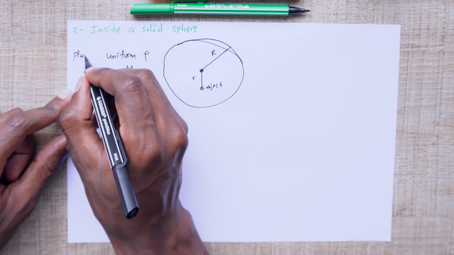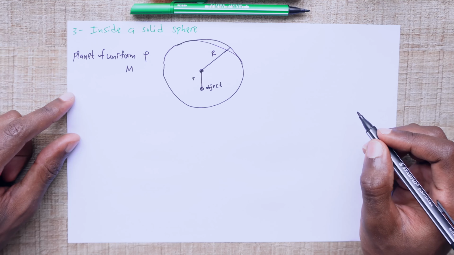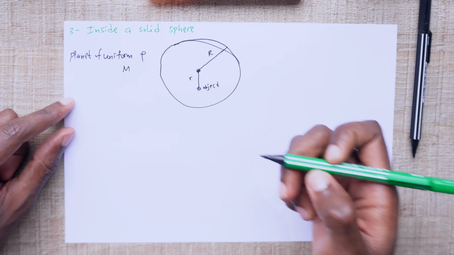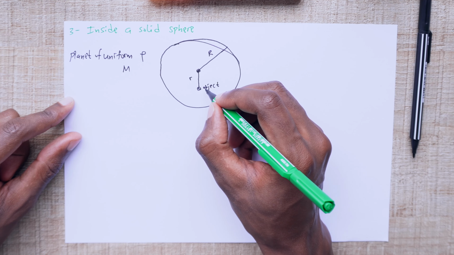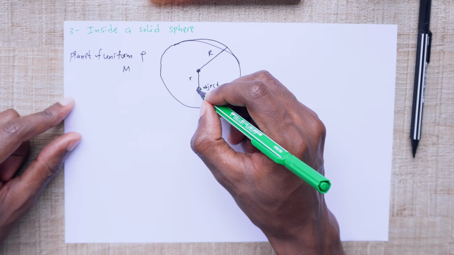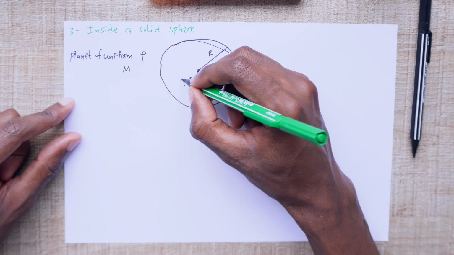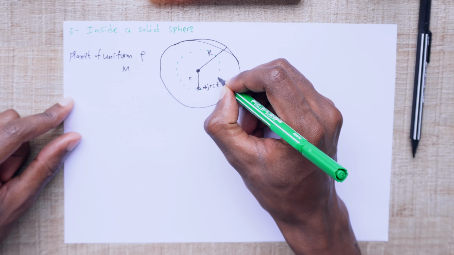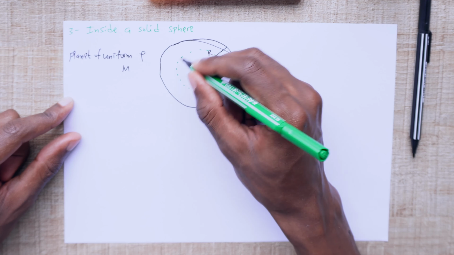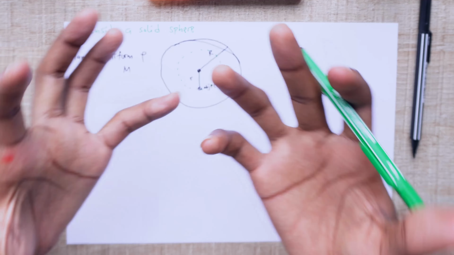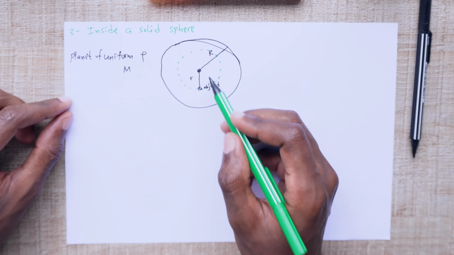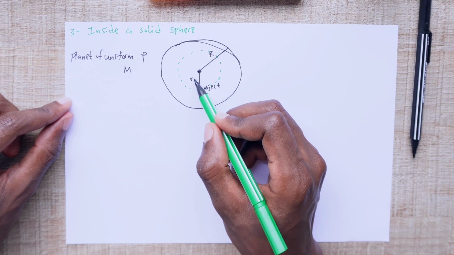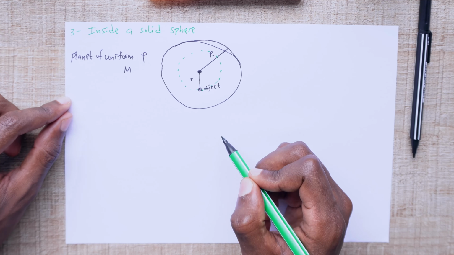So here is a planet of uniform density. Then, according to a consequence of the shell theorem, we can draw a concentric sphere to this one that contains this object. So we imagine an imaginary sphere that's concentric to the main one and that has a radius of small r.